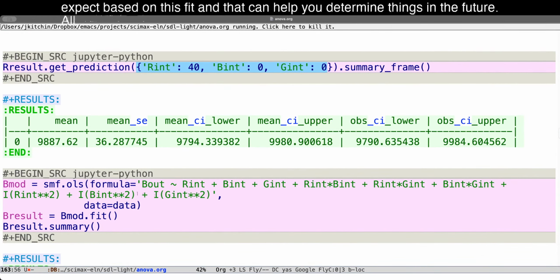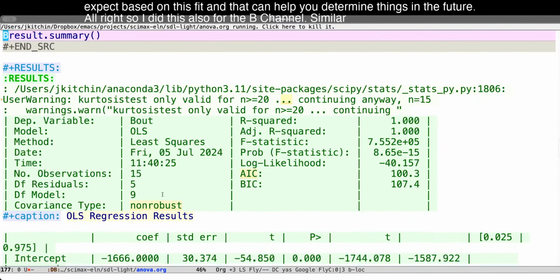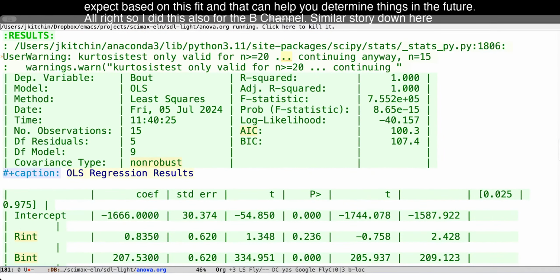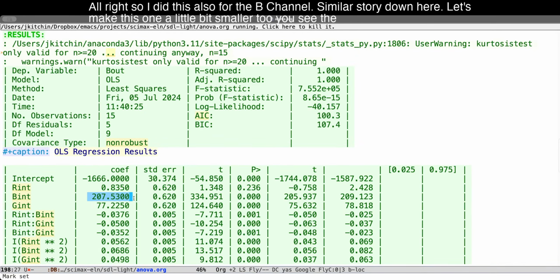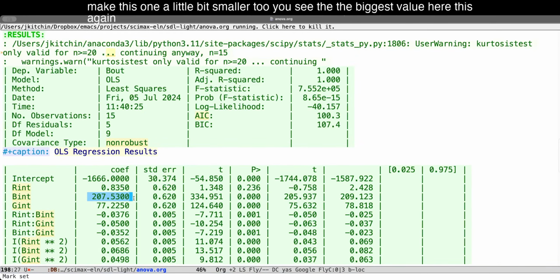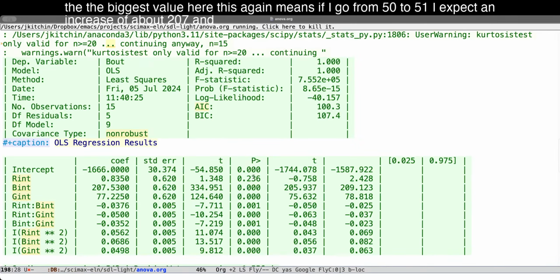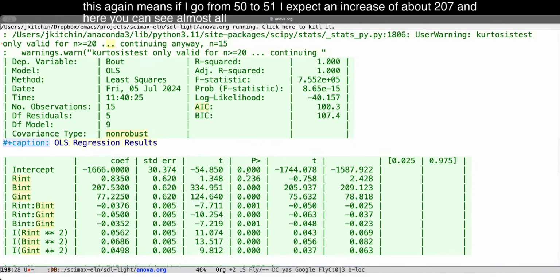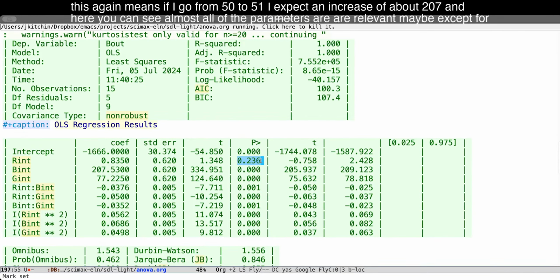All right, so I did this also for the B channel. Similar story down here. Let's make this one a little bit smaller too. You see the biggest value here. This again means if I go from 50 to 51, I expect an increase of about 207. And here you can see almost all of the parameters are relevant, maybe except for this one.